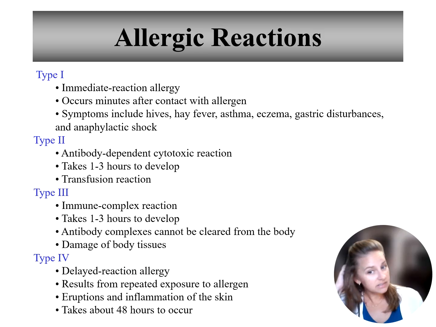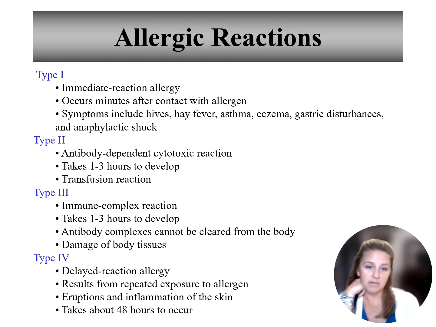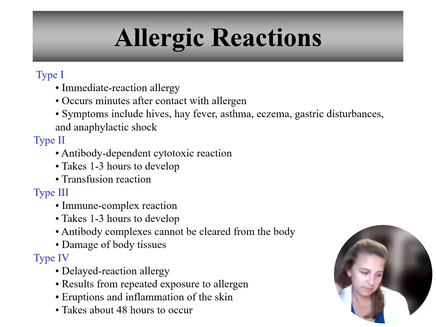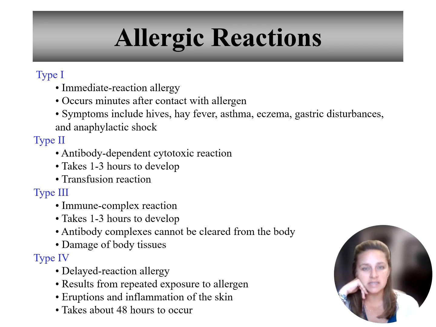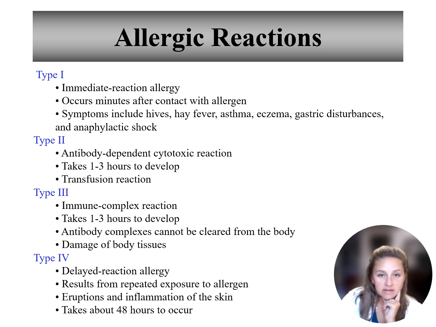Allergic reactions are from our immune system. And it's an immediate reaction; there are 4 different types of allergic reactions. You can pause here to look at the differences between them, but it's basically a situation where your body is mistakenly recognizing something as an antigen, and maybe it shouldn't.